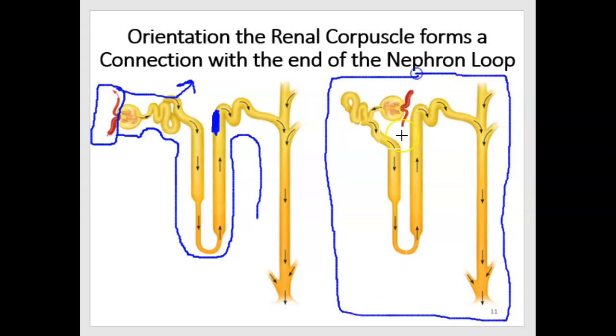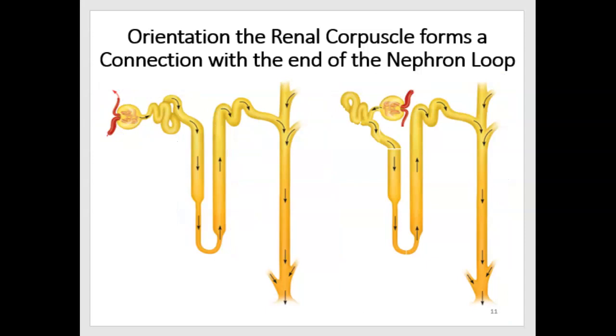So now we have the renal corpuscle facing this end of the loop and the beginning of that distal convoluted tubule. And there is a physical connection between these arterioles and the wall of that ascending limb of the loop of Henle. And it has a name, this region, this connection, and it's called the juxtaglomerular complex or juxtaglomerular apparatus.